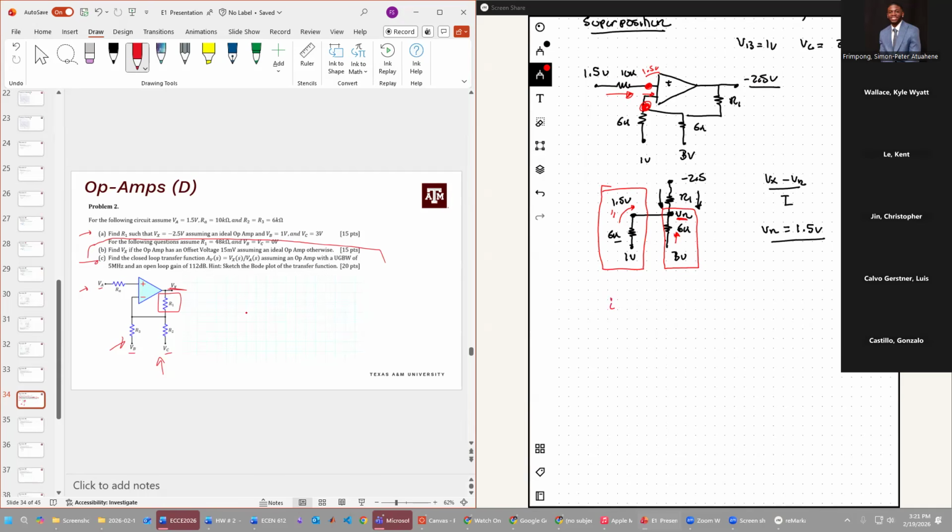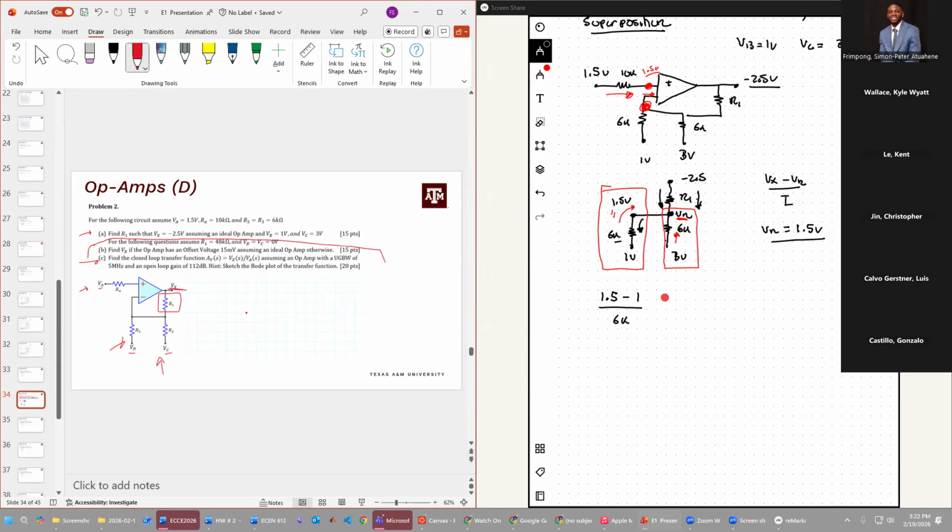So we'll find I1. If we make the convention that current is flowing from high voltage to low voltage, from top to bottom, we do 1.5 minus 1 volt divided by the resistance. This is 6 kilo ohms.